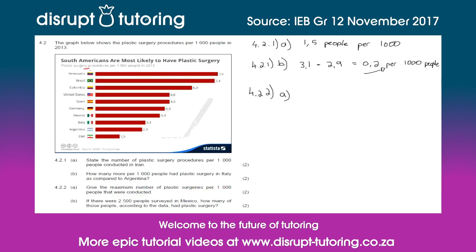So if we look at this bar chart, they're asking us for the maximum, and we can see that the maximum here is 7.6 from Venezuela, and it's the tallest bar on the graph. So the answer is 7.6 per 1,000 people.